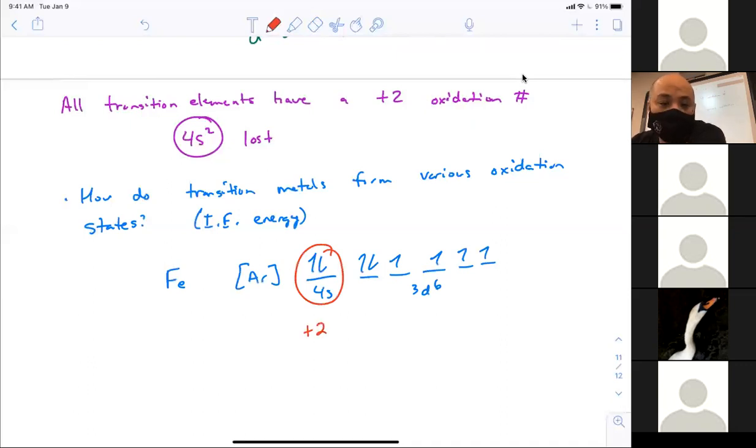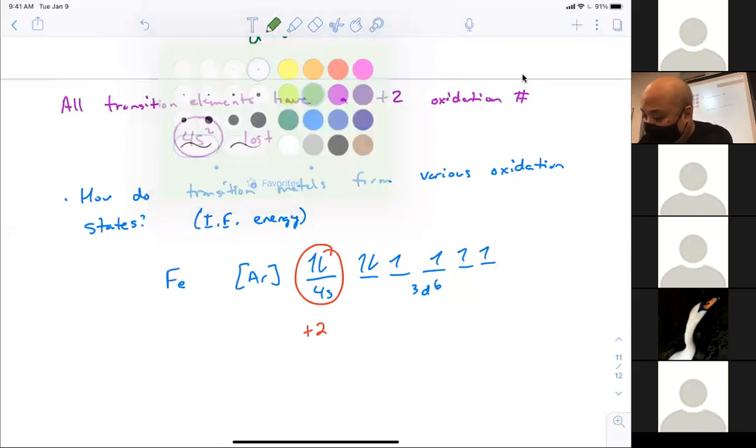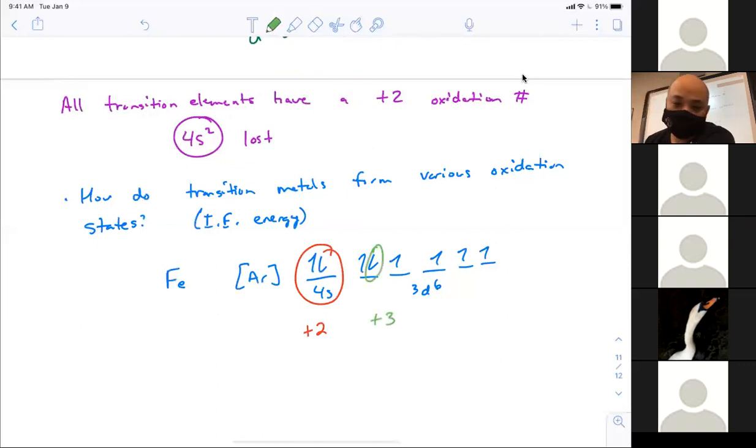But what other oxidation number could be reasonable for iron based on this orbital diagram? 3+, right, Alejandro? Why +3? Because you could pretty easily lose one more electron from the 3d. So when you look at the ionization energies of iron, you'll see a dip on that 4s2 and then that 3d6 electron that's lost third.